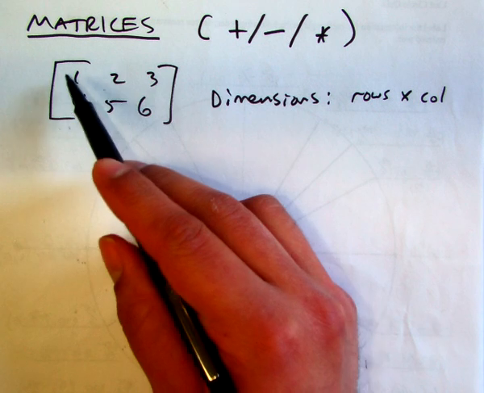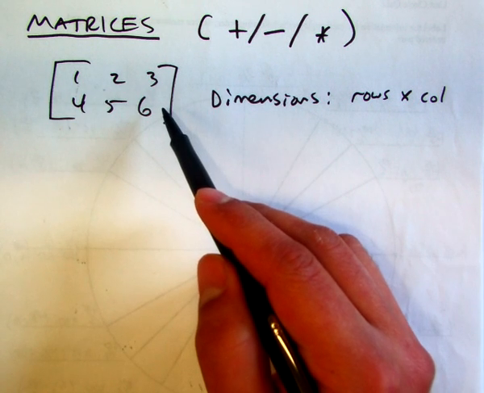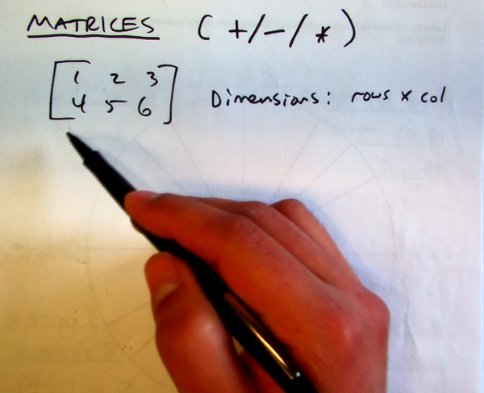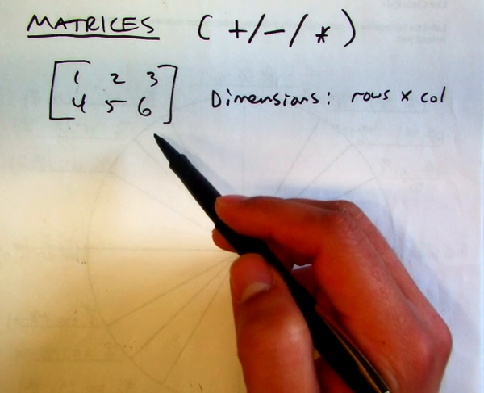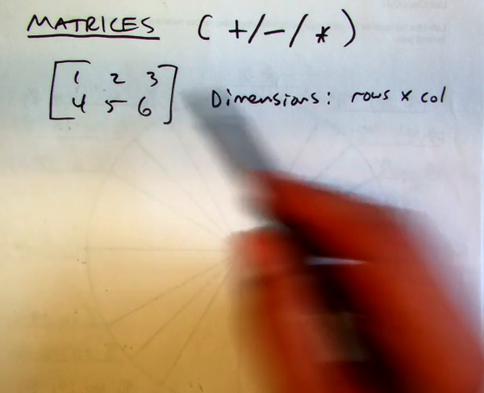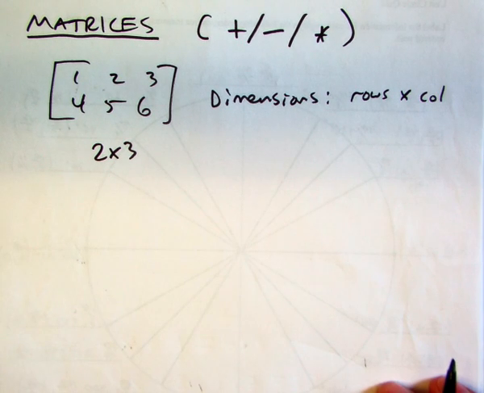How many equations would there be? There'd be 1, 2 equations, right? And then how many unknowns? There would be 3. That's really what this represents. Or if you just count 2 rows, 3 columns, we'd say that this is a 2 by 3. Rows go across, columns go up and down.